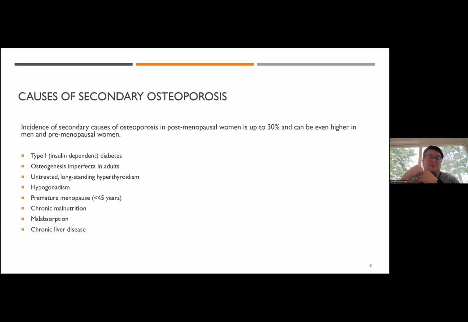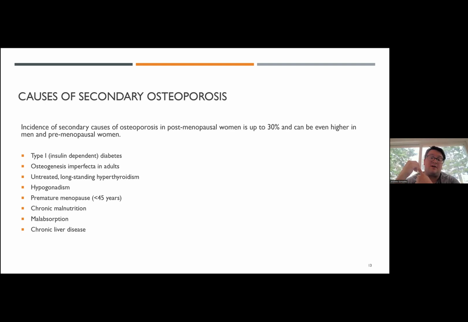So, secondary osteoporosis causes. The incidence of secondary causes of osteoporosis in postmenopausal women is 30%. They'll have at least one of these risk factors. It can be even higher in men and premenopausal women with osteoporosis.